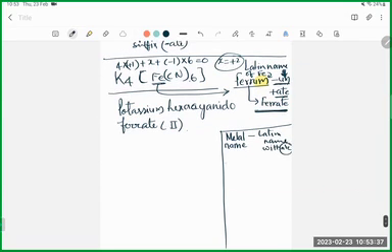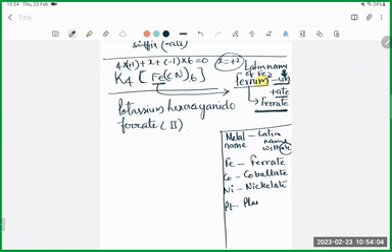Let us begin with iron. For iron we use ferrate, cobalt: cobaltate, nickel: nickelate. Then we have platinum: platinate.